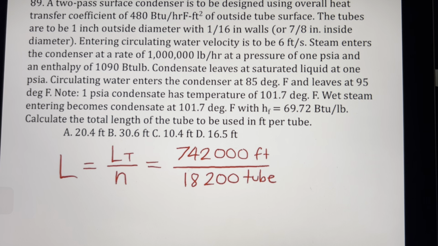But take note, this is a two-pass surface condenser, meaning the total length of tube must be divided by 2. So what is our answer? This is equivalent to 20.4 feet per tube.